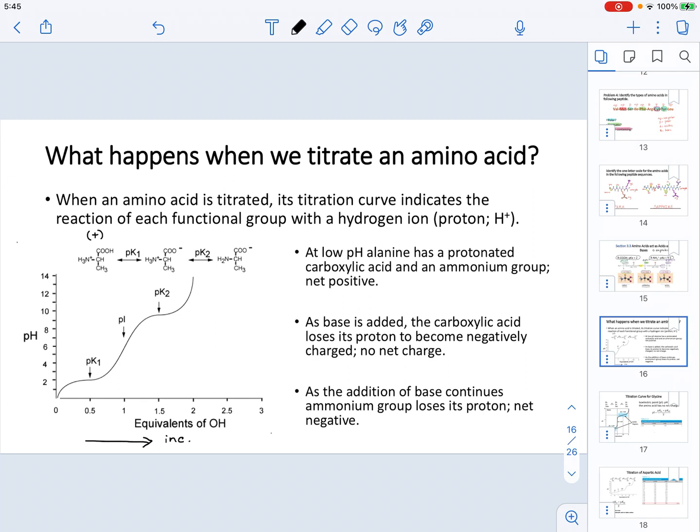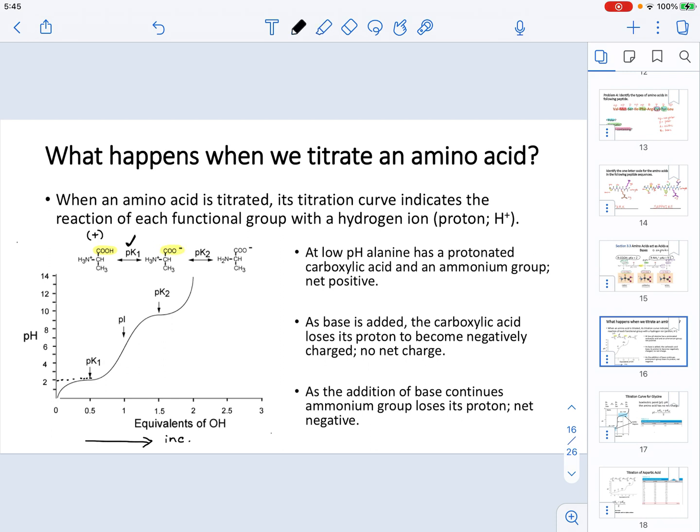Now, as we increase the amount of sodium hydroxide placed in the container with this amino acid, notice that once we have reached the pK1, which in this case is around 2, our carboxylic acid loses its proton.